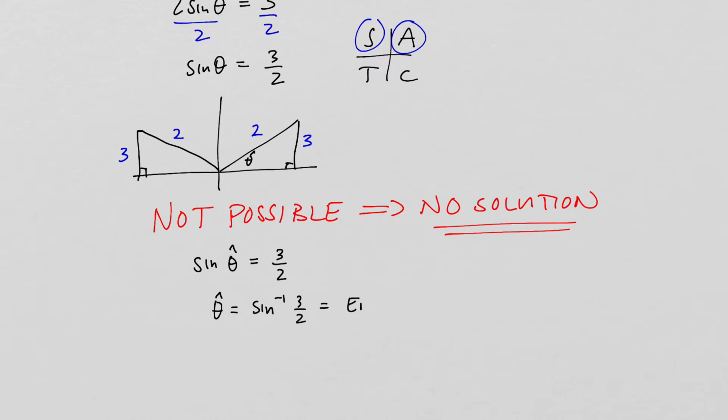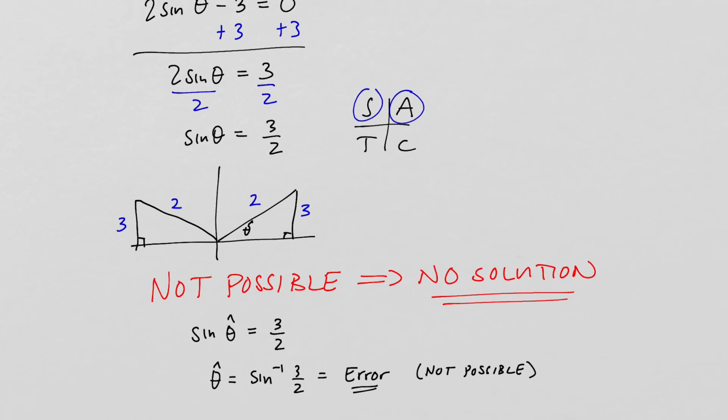And if you plug this into your calculator, you will get an error. And again, the reason you get an error is because this is not possible. So no matter how you try to solve this, at some point you have to realize that this is not possible to solve. So the answer here is no solution.